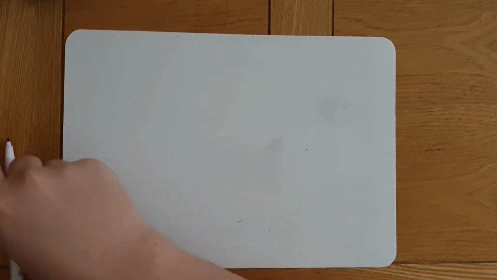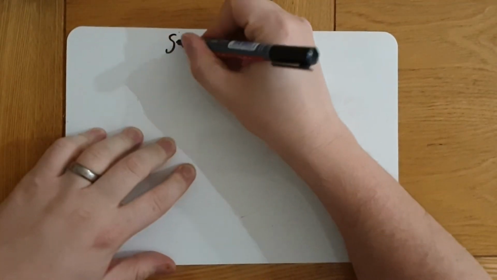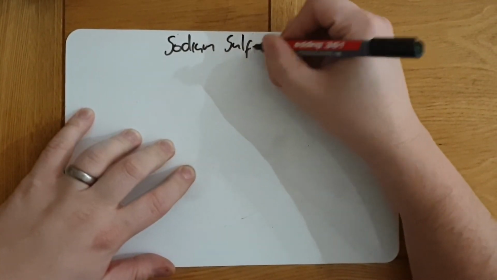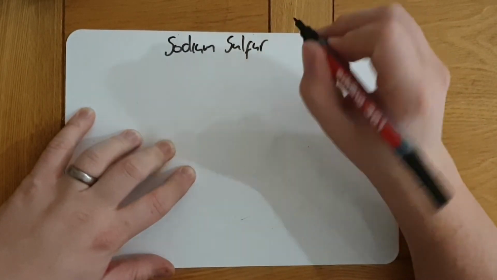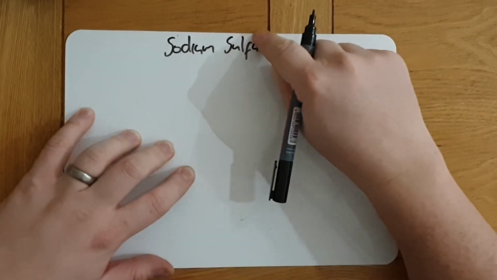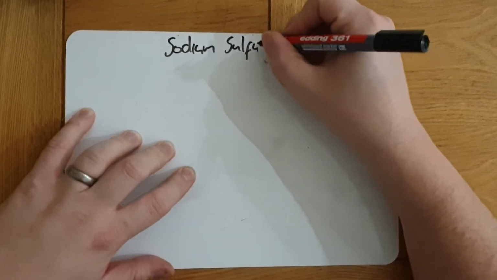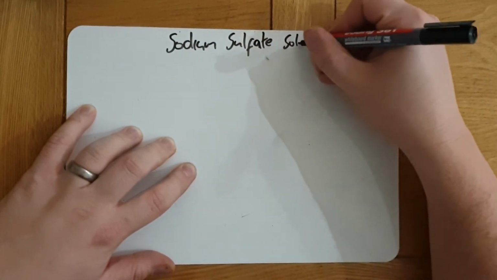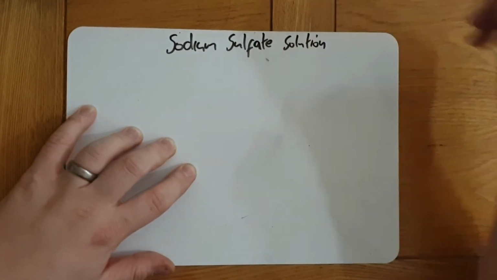So the next one you need to know about is electrolysis of sodium sulfate solution. Hang on in there, because the next one's much simpler. So we've got sodium sulfate solution, so it's aqueous, right?